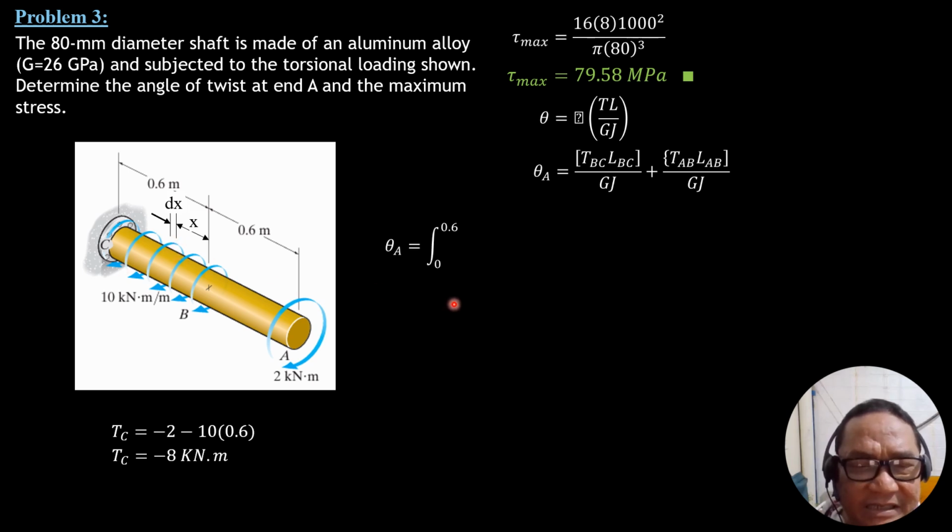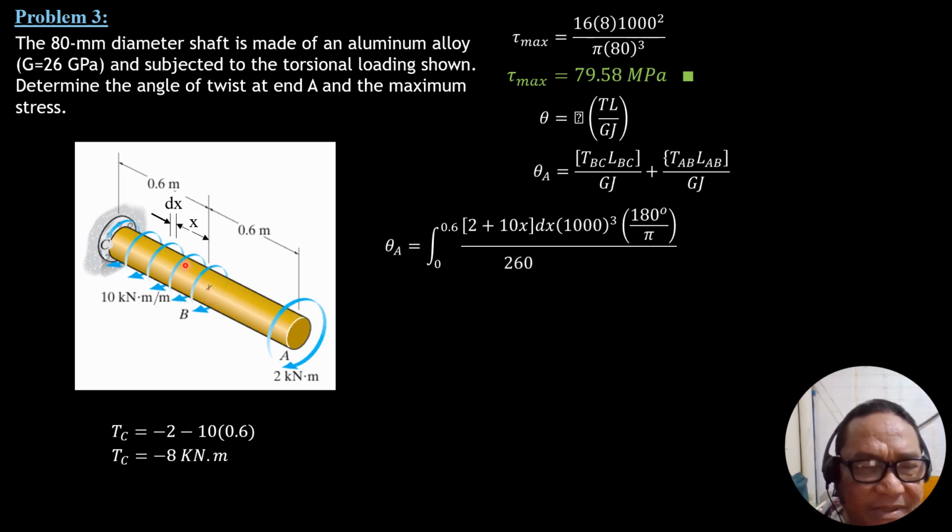So theta A is integral from 0 to 0.6 of 2 plus 10x, so 10 times x, quantity dx, then this is kilonewton meter times meter, so kilonewton meter square. We multiply 1000 cube to convert it to Newton mm square. Then this is the conversion factor to convert it to degrees. Then G is 26,000 megapascals. Then J is pi over 32 times 80 to the fourth for the solid shaft.